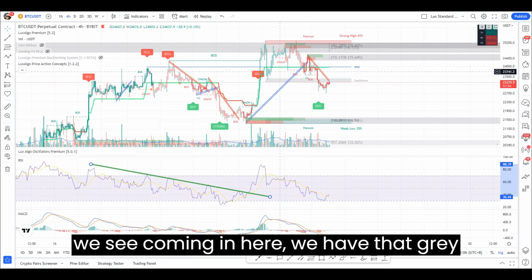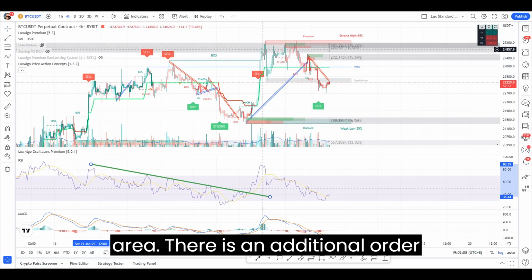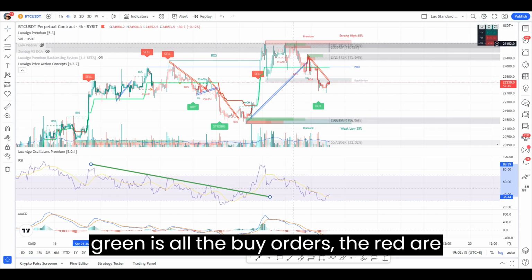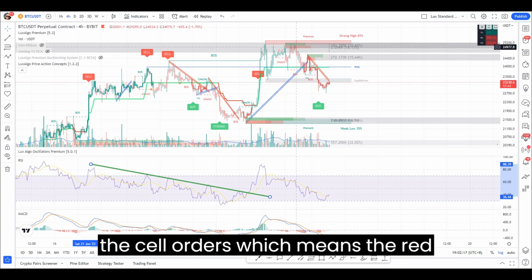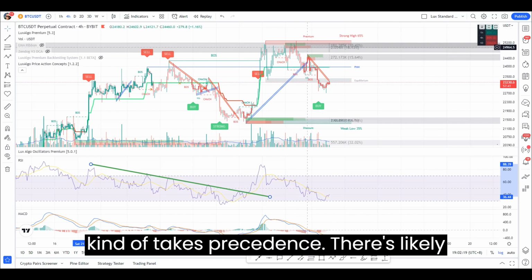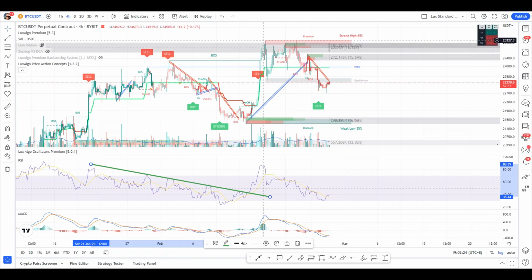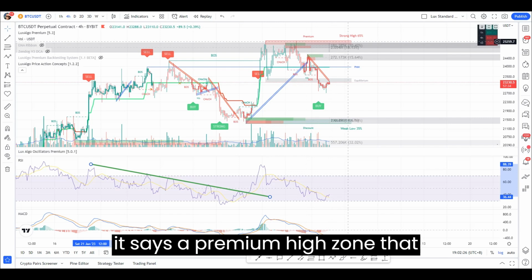What we see coming in here, we have that gray area. There is an additional order block in here, which tells us in green are all the buy orders, the red are the sell orders, which means the red kind of takes precedence. There's likely going to be a turn. Plus it also says a premium high zone.